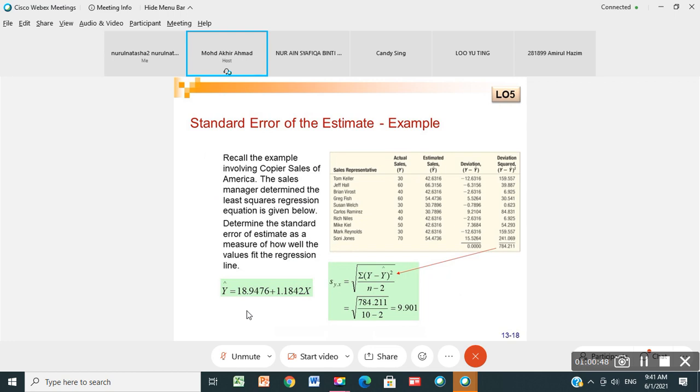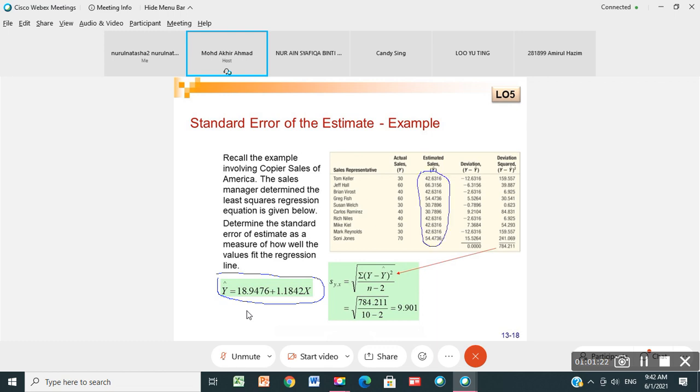Okay, now based on the data as previous, we have developed this model: y equal to 18.94 plus 1.18x. So we key in all the x from number 1 until 10. So we get the y value here, y hat.